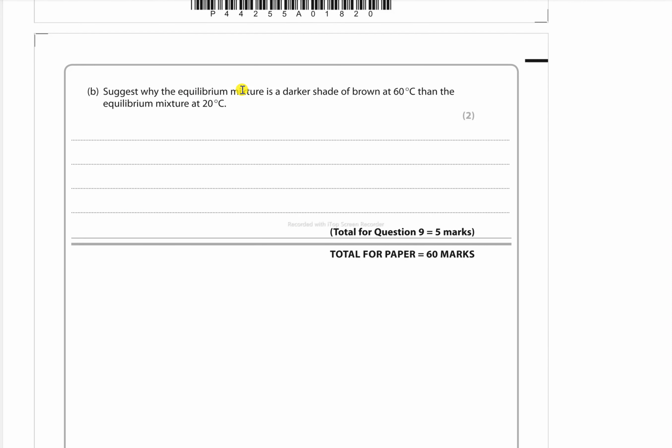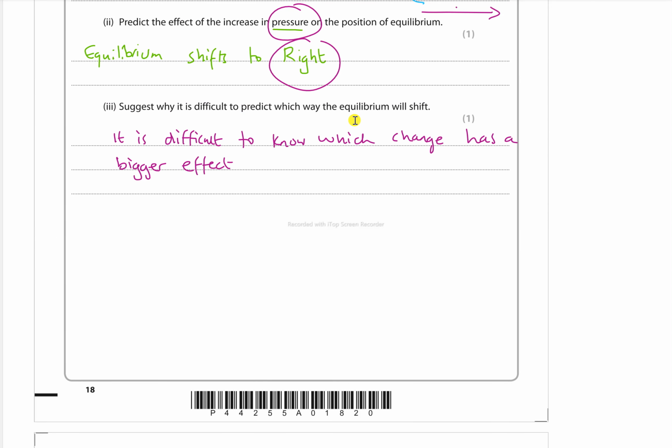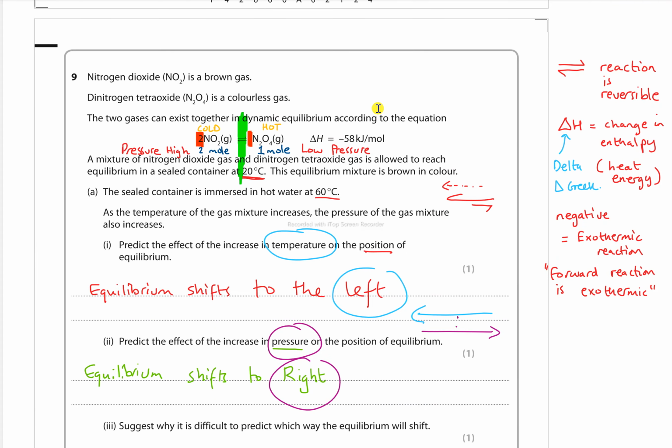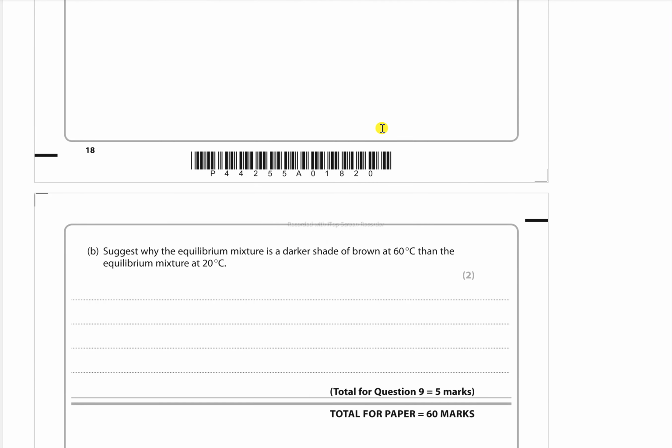Suggest why the equilibrium mixture is darker at 60 than 20. Remember we said it's exothermic. At 60 it's a darker shade of brown.